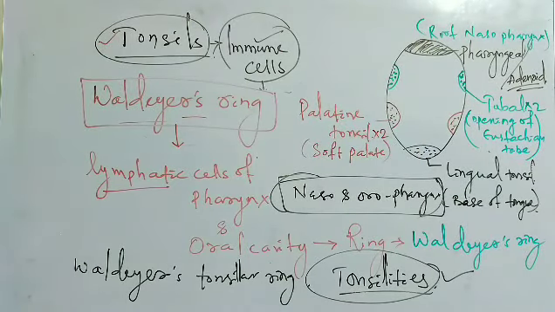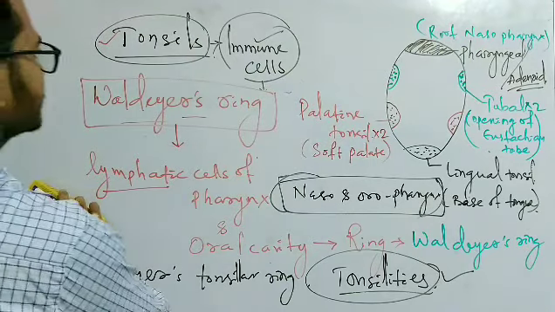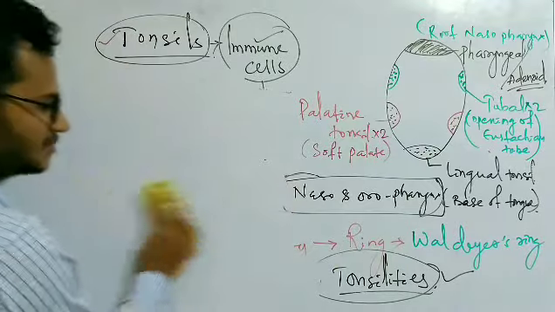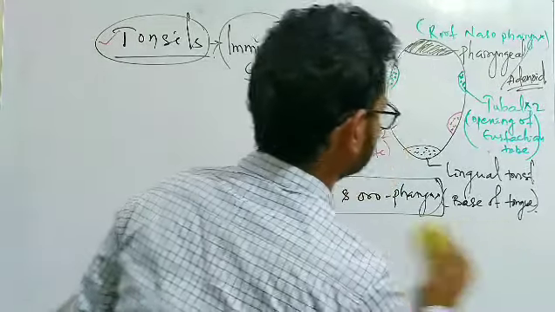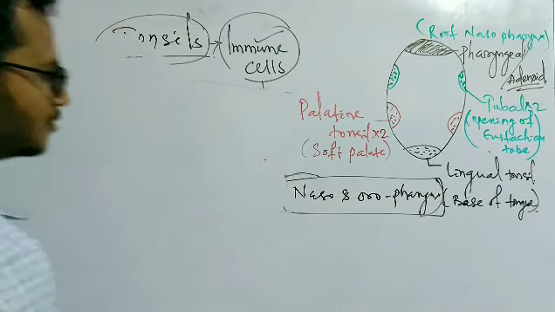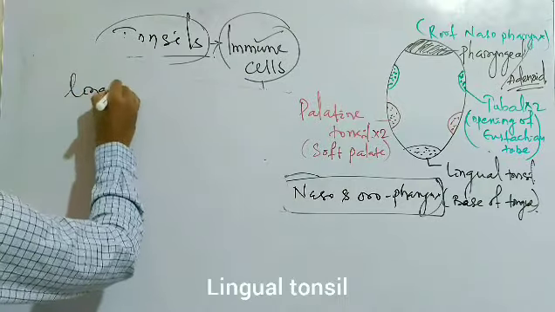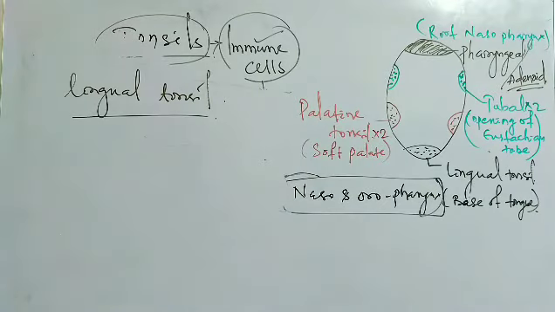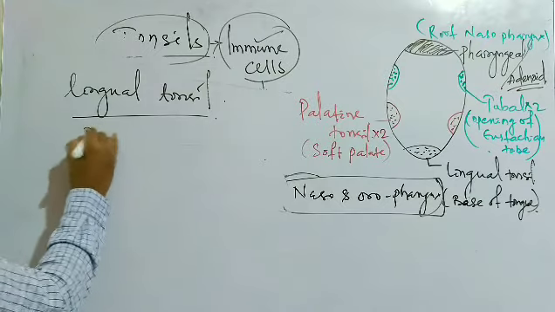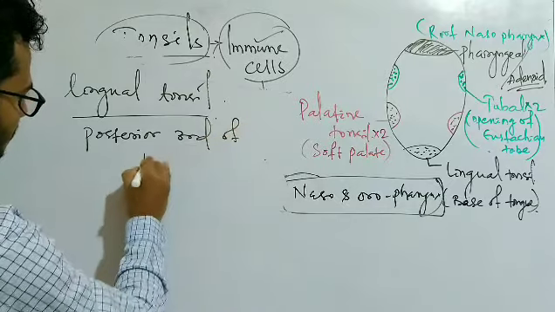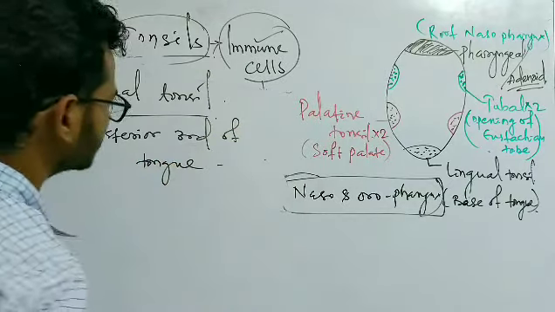So first we will discuss about the lingual tonsil. So let me erase this. In the Waldeyer's ring, we will discuss about the lingual tonsil, which is present at the base of the tongue. So let's know about the lingual tonsil. Clear? So the location is posterior third of tongue. Means the posterior part of the tongue.